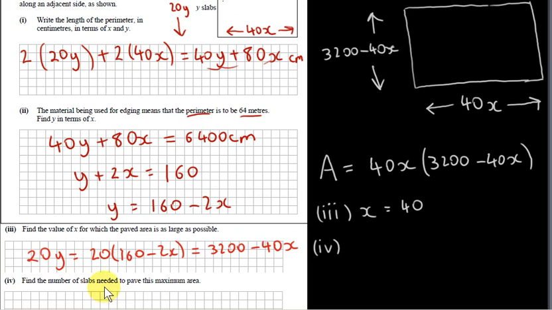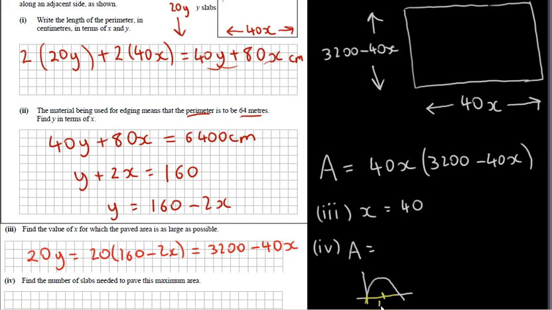Find the number of slabs needed to pave this maximum area. Well, we know that x equals 40 gives the maximum area. So if we want to find the maximum area, we plug 40 into this expression here. If you think back to the graph, which I'll just draw again, the graph actually looks like this.